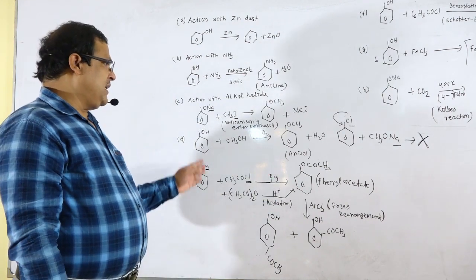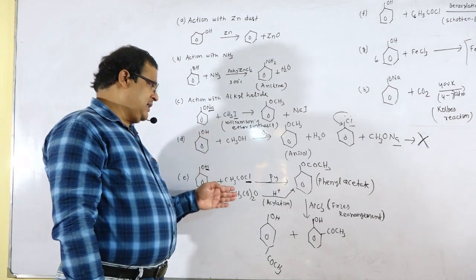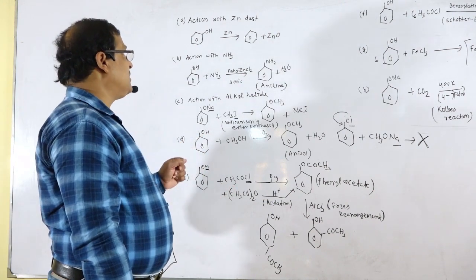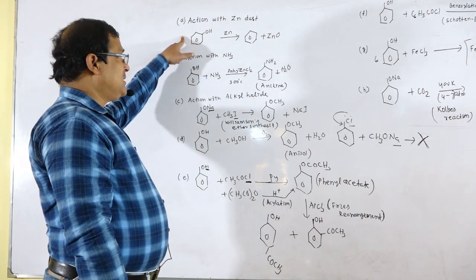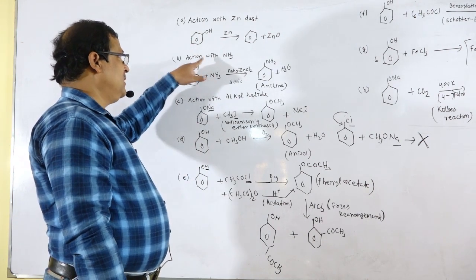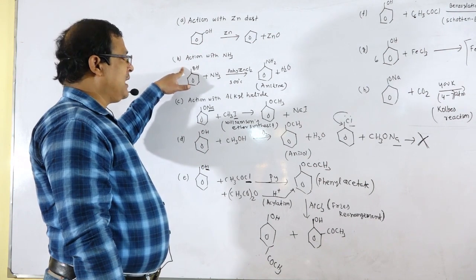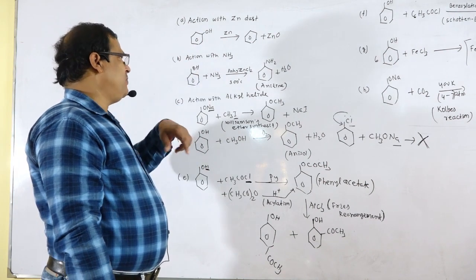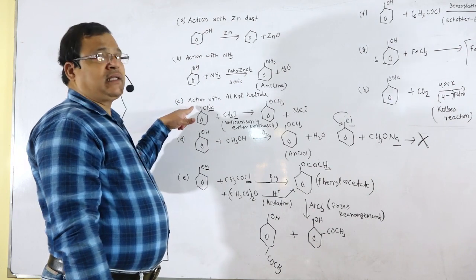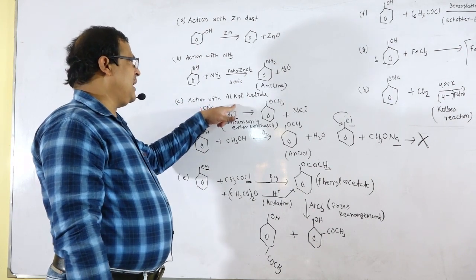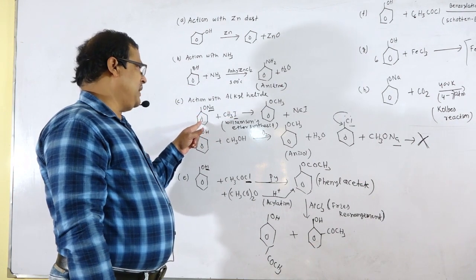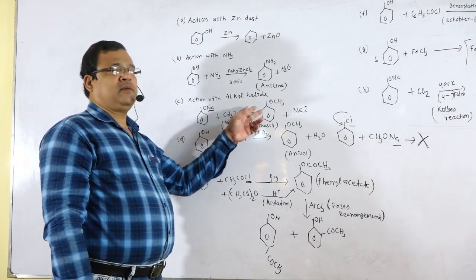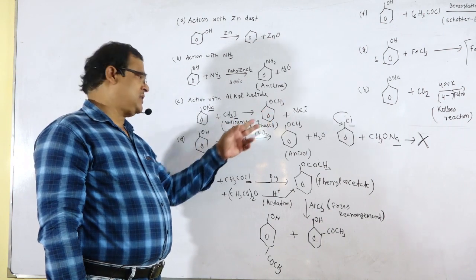So this is regarding some reactions of phenol. Zinc dust with phenol gives benzene; with ammonia in presence of anhydrous ZnCl2, aniline is formed. With alkyl halide, the sodium salt of phenol, sodium phenoxide, gives aromatic ethers.